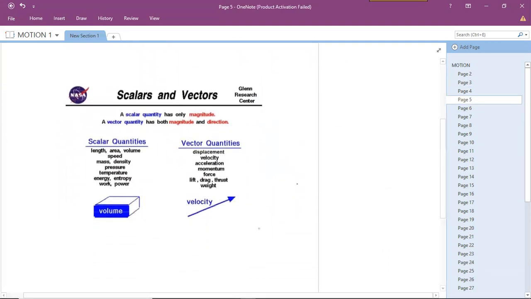So these are examples of vector quantities: displacement, velocity, acceleration, momentum, force, a very huge list. So I want you to know at least these: displacement, velocity, acceleration, momentum, and force.